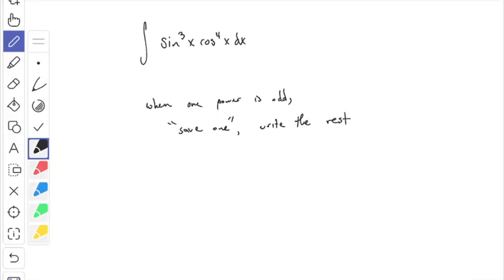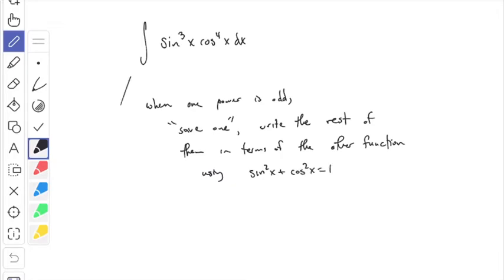So in this case, I'm looking at the sine here. The power on the sine is three, which is odd. So I'm going to save one of them, and there will be two left over. And then you write the rest of them, that is the two left over ones, in terms of the other function, using sine squared plus cosine squared equals 1. So in this example, I'm going to pull out one of the sines, leaving sine squared.